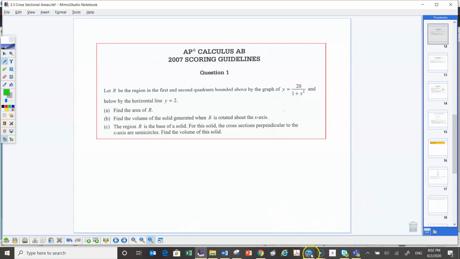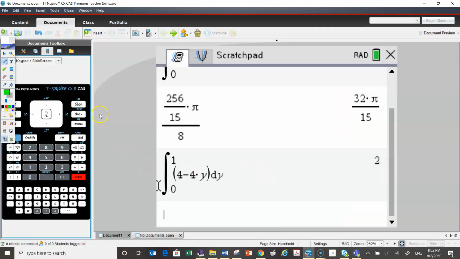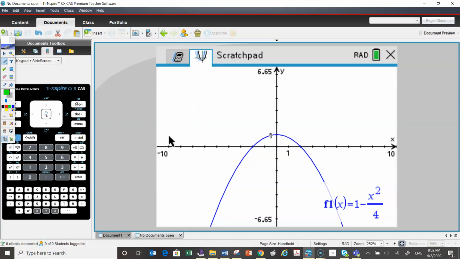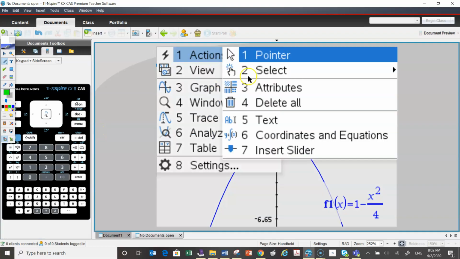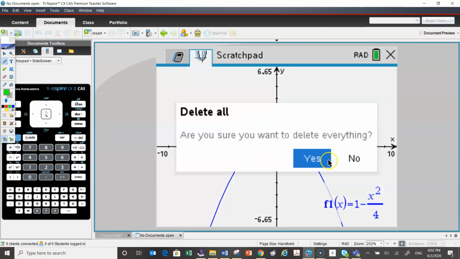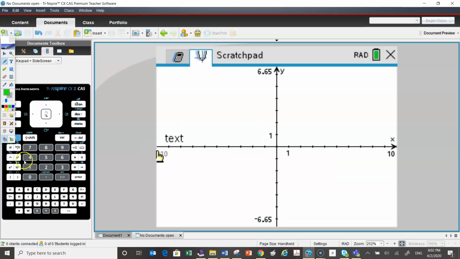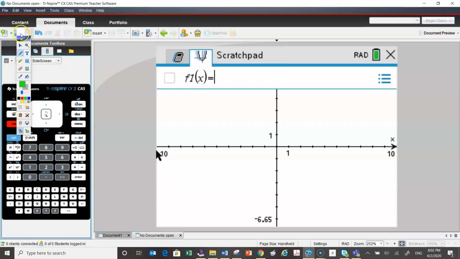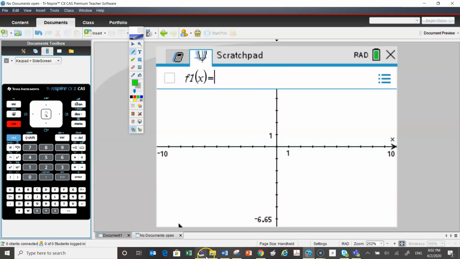So, let R be the region in the first and second quadrant bound by this curve. So first thing I'm going to do, this is a calculator question, is I'm going to graph this. So first of all, I'll clear out anything I have here. And my function this time was 20 divided by 1 plus x squared.